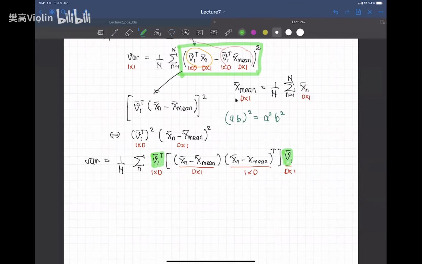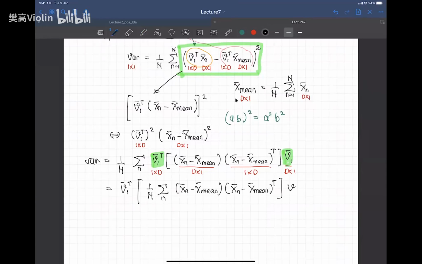There is no n in phi1. Because it's independent from n, I can just take phi1 out of the sum. So I can write phi1 transpose, 1 over n sum over n of (xn minus x mean) multiplied by (xn minus x mean) transpose, phi1.